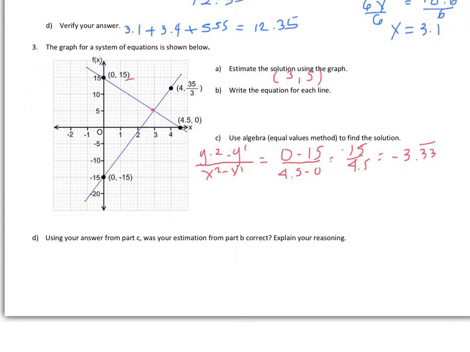So my first equation is y equals negative 3.33x plus 15.